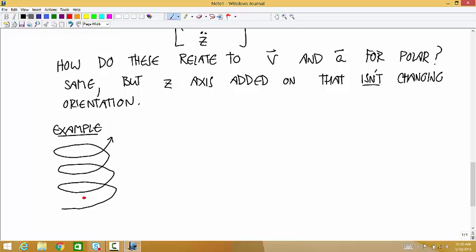If we think of the particle as being here, the e_r direction is this way.